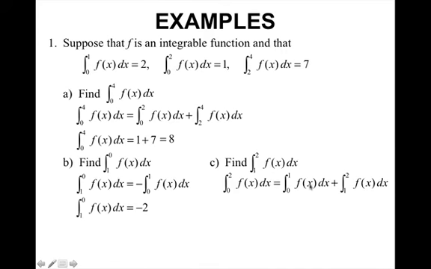So I'm going to use that same property that I used in part A: take the total area, which is from 0 to 2, and that equals the area from 0 to 1 plus the area from 1 to 2. Well, I know from 0 to 2, that's 1. From 0 to 1, that's 2. So I'm going to find the area from 1 to 2 by subtracting 2 from 1. So my area is -1.